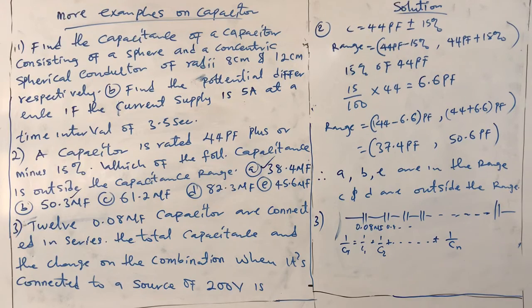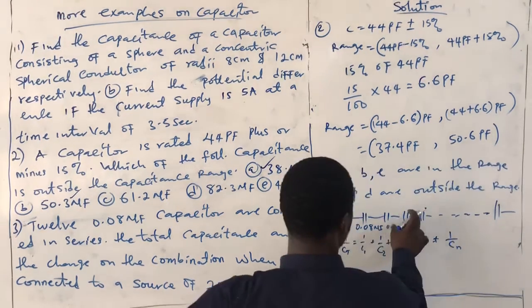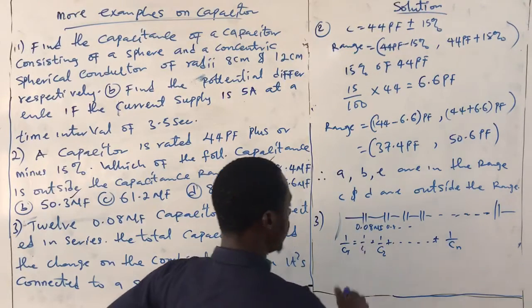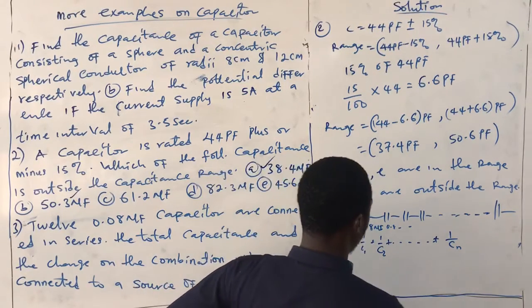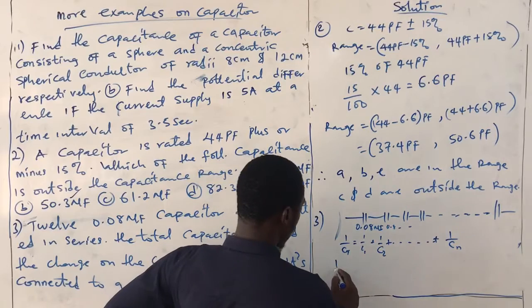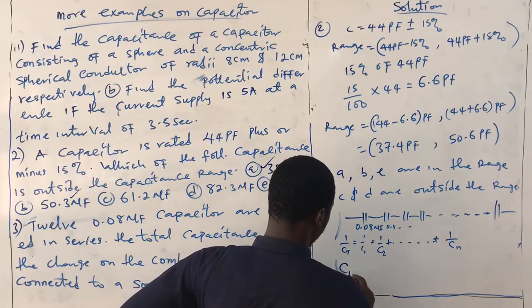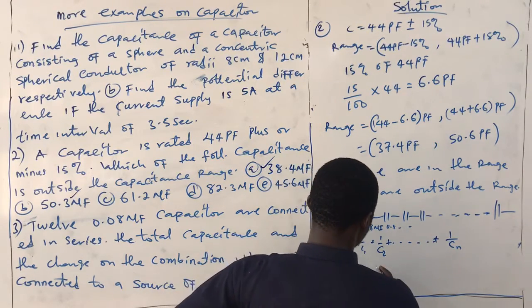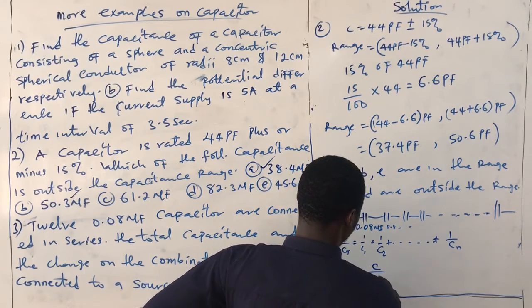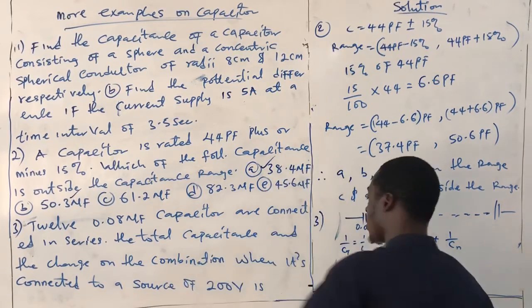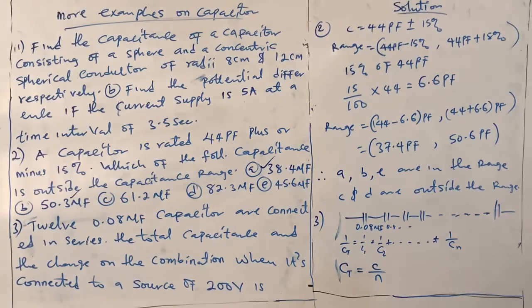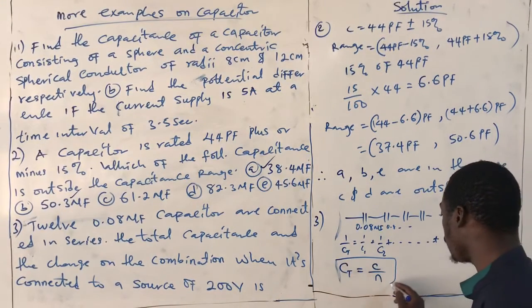Now, to know our effective capacitance, in case we have something like this, instead of saying 1 over this plus 1 over this plus 1 over this, we just say that our CT, the effective capacitance, is equal to C over the number of capacitances present. Now, we are going to use this formula.